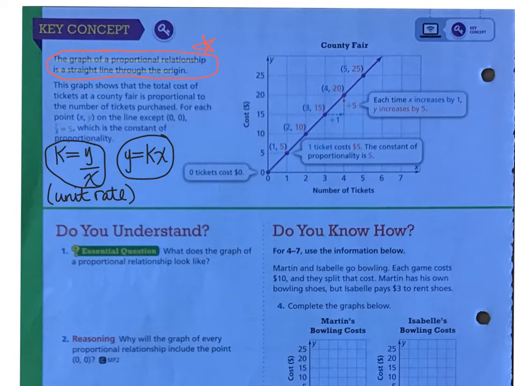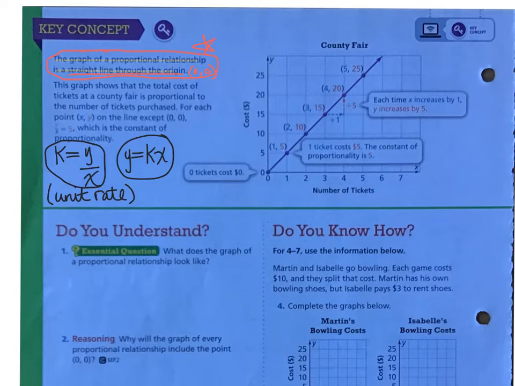Before we move on to any of the questions to try on our own, I want you to go back to the key concept and take a look at those conditions one last time. Remember that in order for it to be a proportional relationship, we have to have a graph that is a straight line and it has to go through the origin, the point (0, 0).